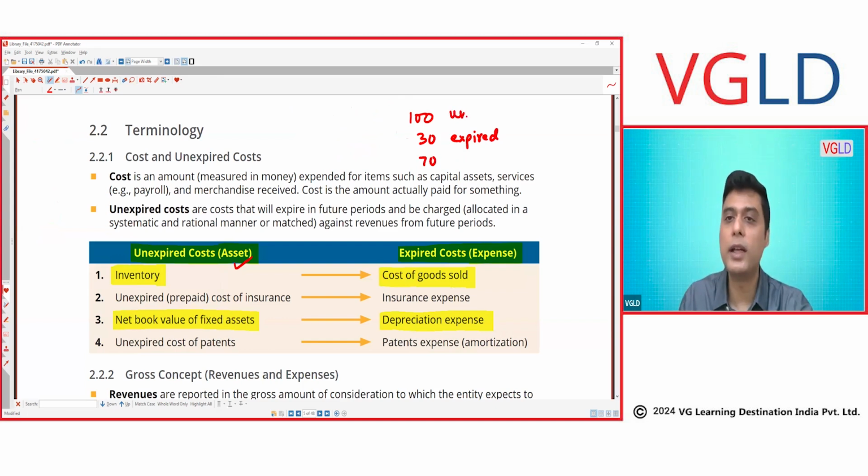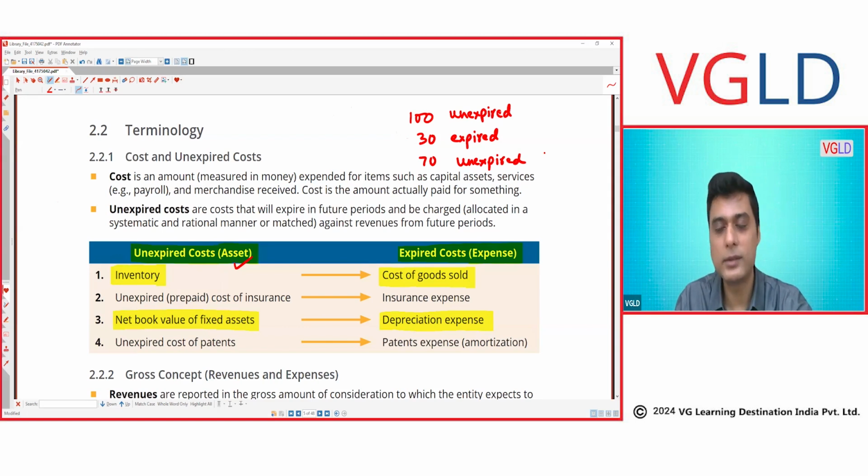So when the person was born, the person had unexpired life of 100 years. Out of that, 30 years have already expired. And now remaining unexpired life is 70. I know it is sounding very harsh. I'm talking about a human being here. But I've taken 100 years, so don't worry. It is not so harsh.